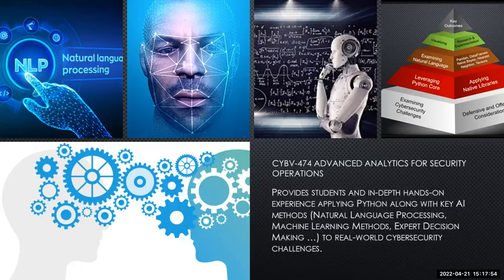Just like in this course, we were utilizing Python from a real life perspective in terms of some offensive techniques, a little bit of things that you can do from a defense perspective. Well, 474 will focus on Python from a more analytical perspective.